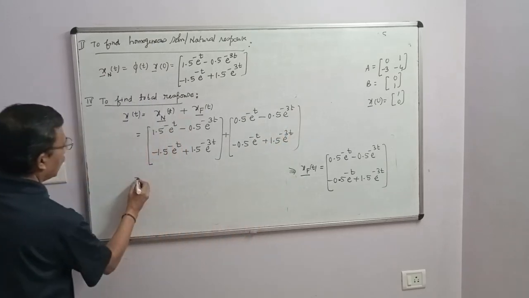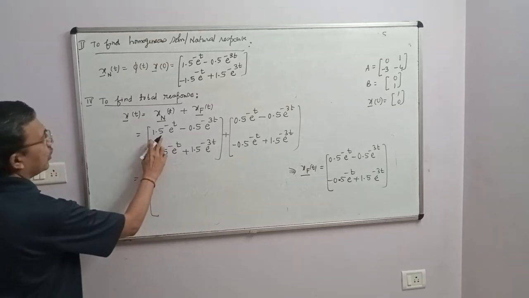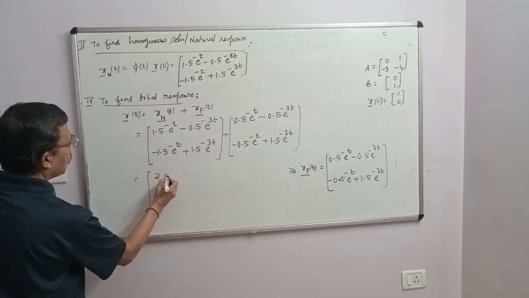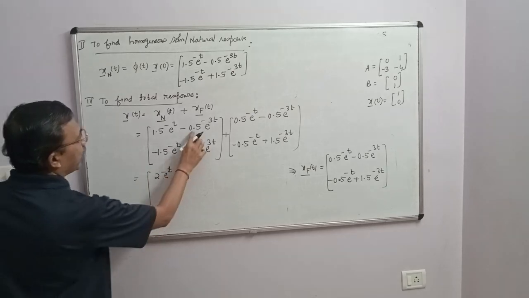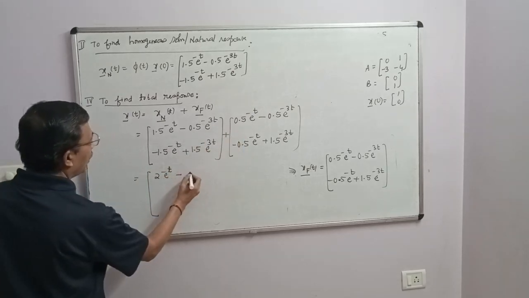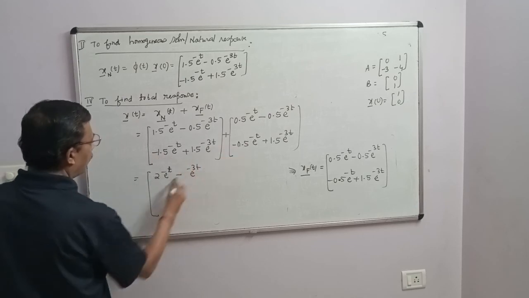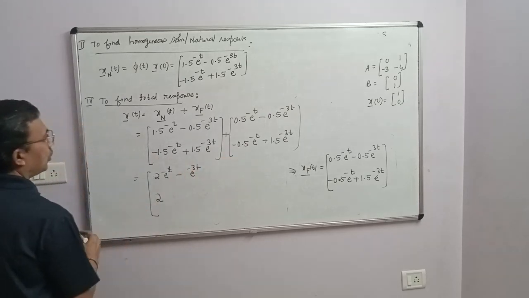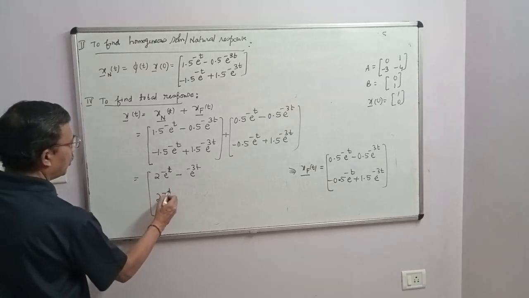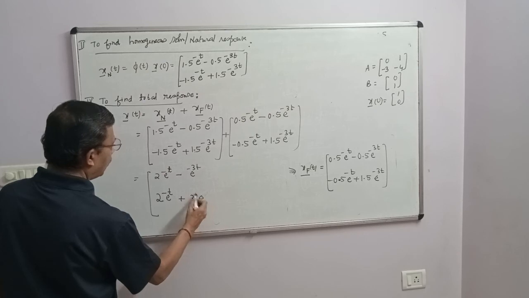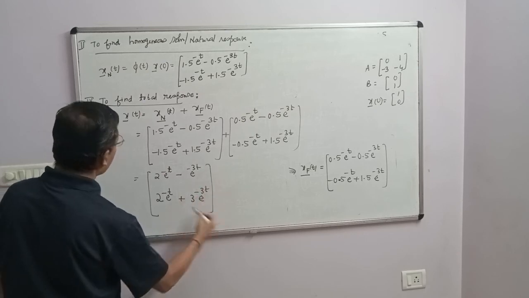Add. If you add these two, what you get? 1.5 plus 0.5 is 2, 2 e power minus t, minus 0.5 minus 0.5 is minus 1, so you get minus e power minus 3t. Minus 1.5 minus 0.5 is minus 2, minus 2 e power minus t, 1.5 plus 1.5 is 3, 3 times e to the power minus 3t.